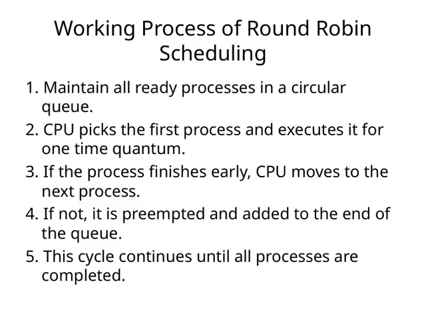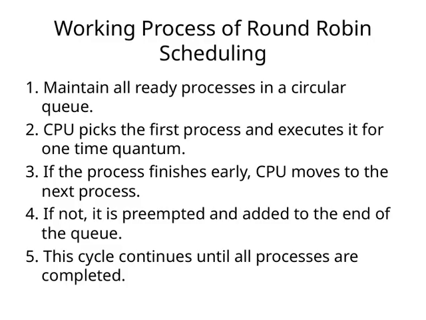Let's walk through the working process of round-robin scheduling. First, all ready processes are maintained in a circular queue, which is key to ensuring fairness and equal opportunity for each process. The CPU then picks the first process from this queue and executes it for a fixed amount of time called a time quantum. Now, if this process finishes before the quantum expires, the CPU simply moves on to the next process in the queue.